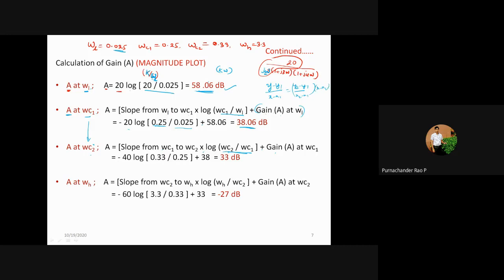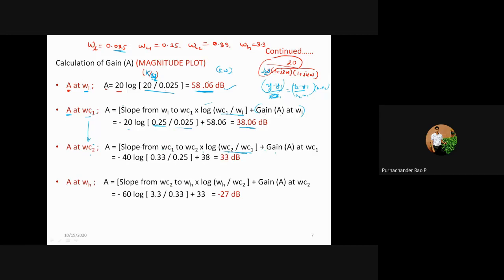This was the formula normally we use for finding the straight line equation. So the same thing we are using here with the values of logarithms. So the formula is the same. The slope from omega C1 to C2, log of omega C2 by C1 plus gain at omega C1.